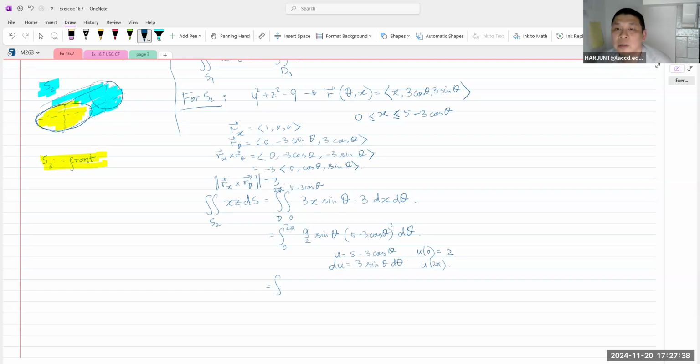I don't like it, because it suddenly kills everything. And then 3 over 2 u squared du, but this equals 0. I don't really believe this, but apparently that's what happened.